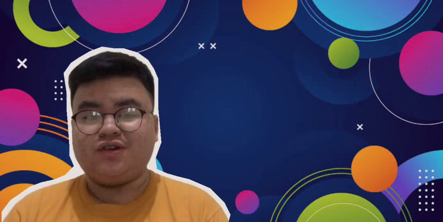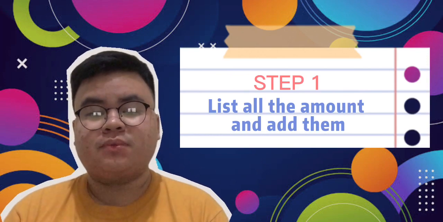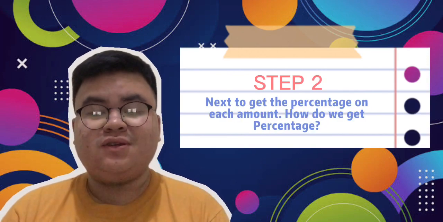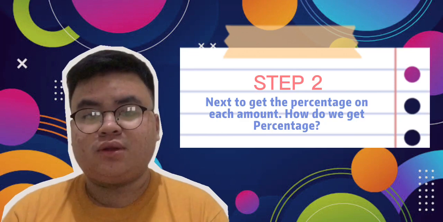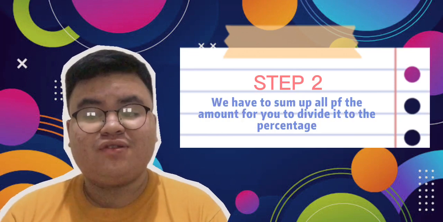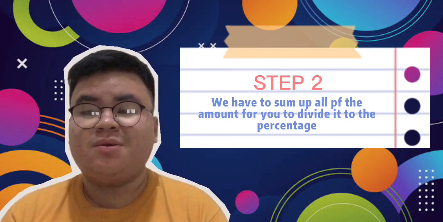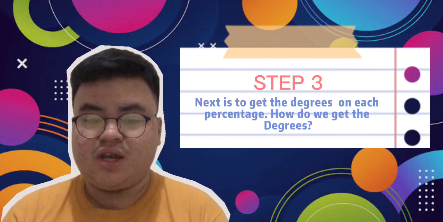Steps and procedures. Step 1. List all the amounts and add them. Step 2. Next, get the percentage of each amount. How do we get the percentage? We have to sum up all of the amounts, then divide each amount by the total to get the percentage. Step 3.